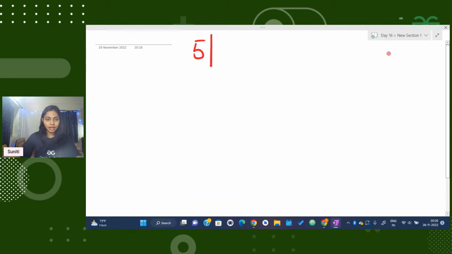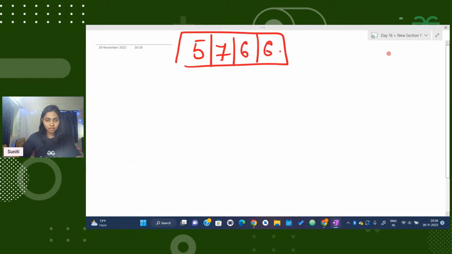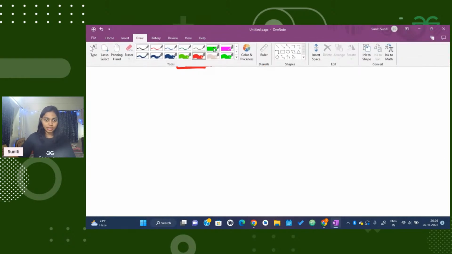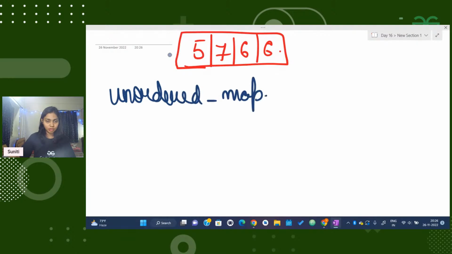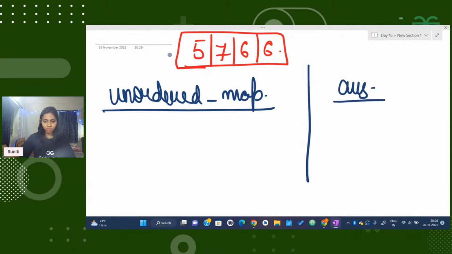The array that we are given is 5 7 6 6. Now we are going to iterate through all the elements. So we will maintain an unordered map and we will maintain an answer variable that we are going to return.